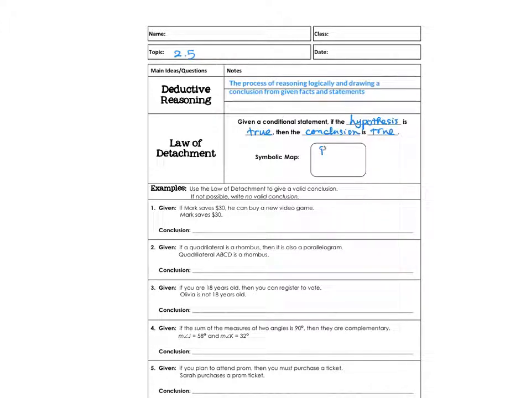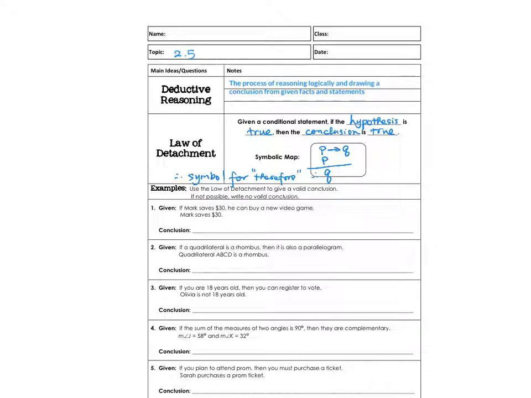So we use these symbols. If P, then Q. P is true, therefore Q is true. And just make a note here, these three little dots are a symbol for therefore. So if P is true, therefore Q is true.